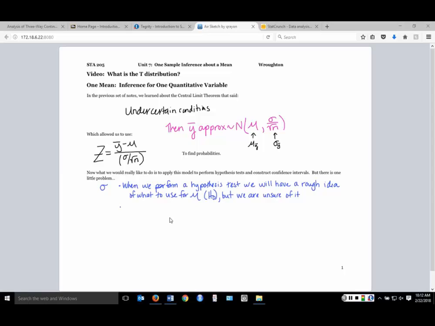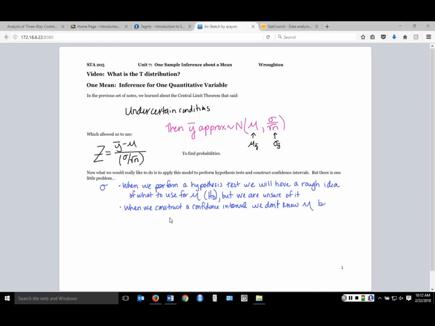If instead we construct a confidence interval, we don't actually know mu. Why don't we know mu?